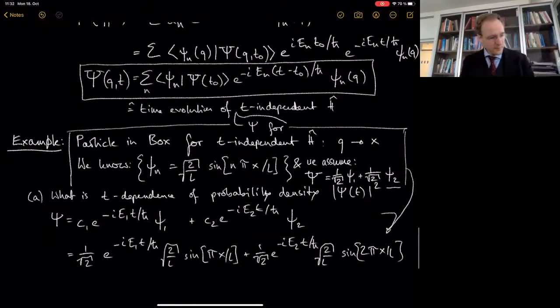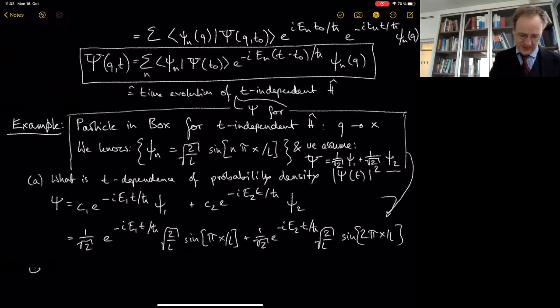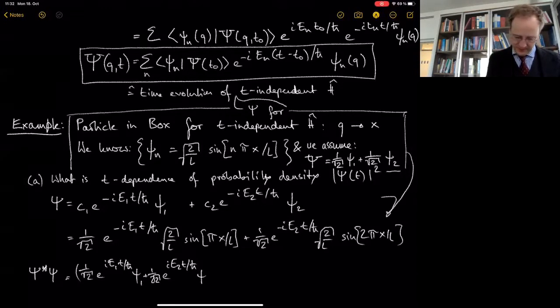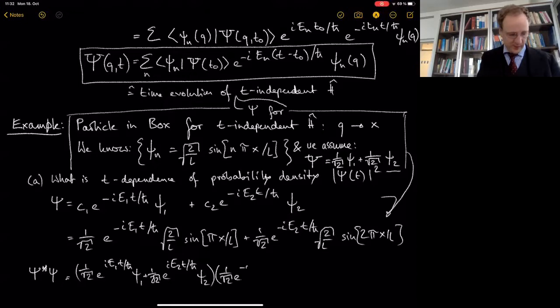Then you arrive here. And now we are going after the probability. So we want to square this. Okay. All right. So we have two brackets. The first is 1 over square root of 2 times e to the i E1 t over h bar psi 1, plus 1 over square root 2 e to the i E2 t over h bar psi 2, and this is the complex conjugate, times 1 over square root 2 e to the minus i E1 t over h bar psi 1 plus.